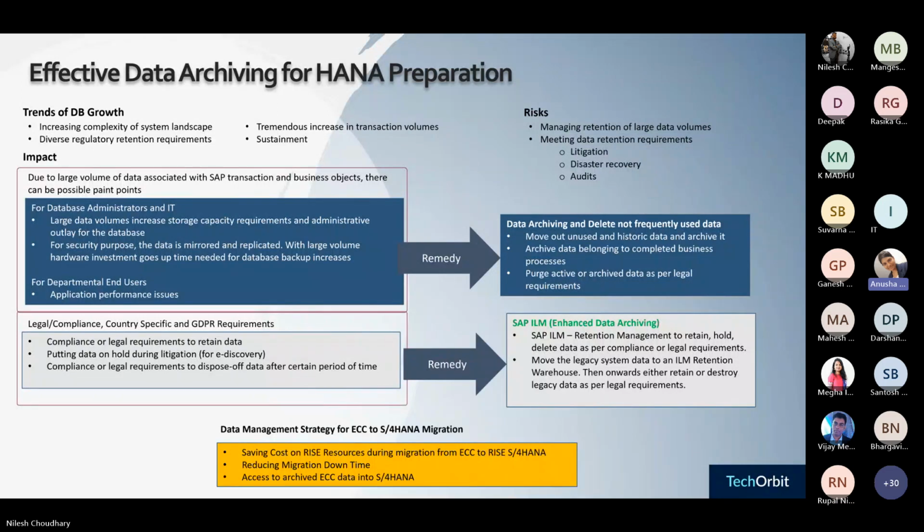So with all these pain points for every client, you can either go with data archiving, purging, or a combination of data archiving, purging, and SAP ILM for efficient management of your data and HANA preparation for your client. So next slide, please.